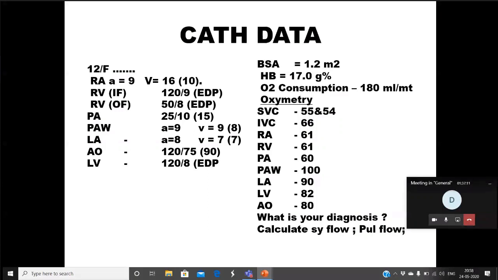And from there to the LA, there is a step down of 10, from 100 to 90. And further, there is a step down from LA to LV of 8. And LV to aorta it's only 2, so that is okay. So there is a step down at LA level and again at LV level.